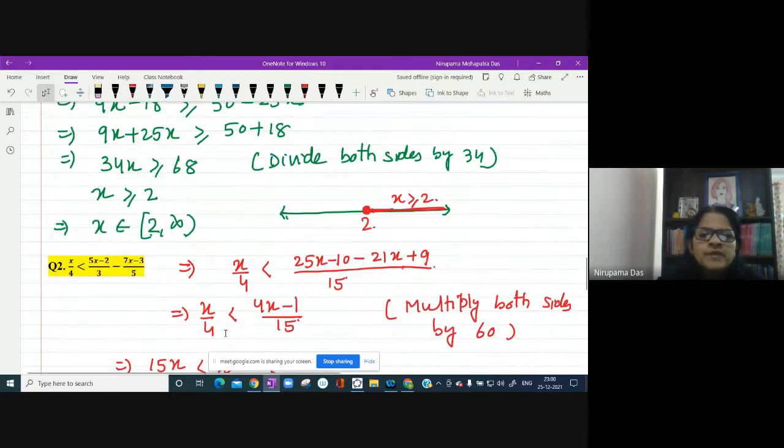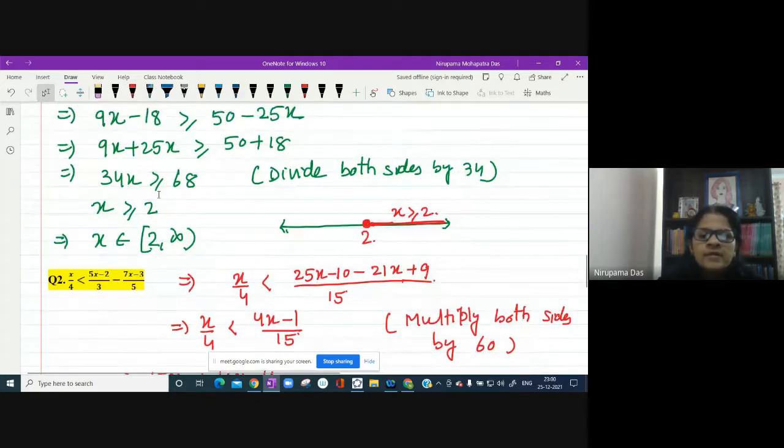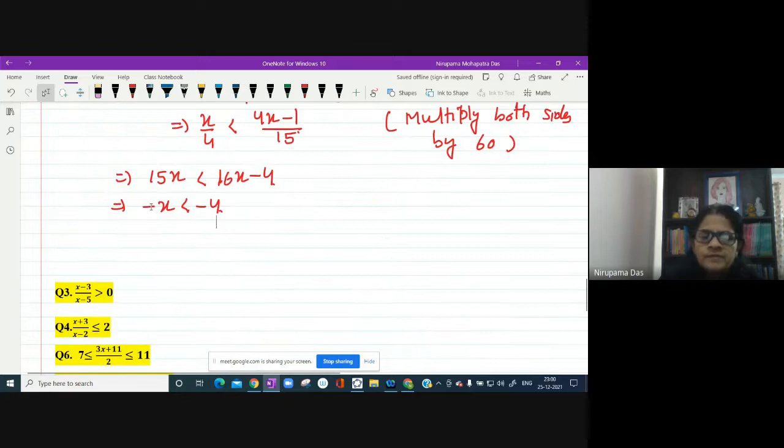Just like the previous case, 34x greater than or equal to 68, we divided both sides by 34, the coefficient of x. Here, minus x less than minus 4, divide both sides by minus 1, or you may write multiply both sides by minus 1.